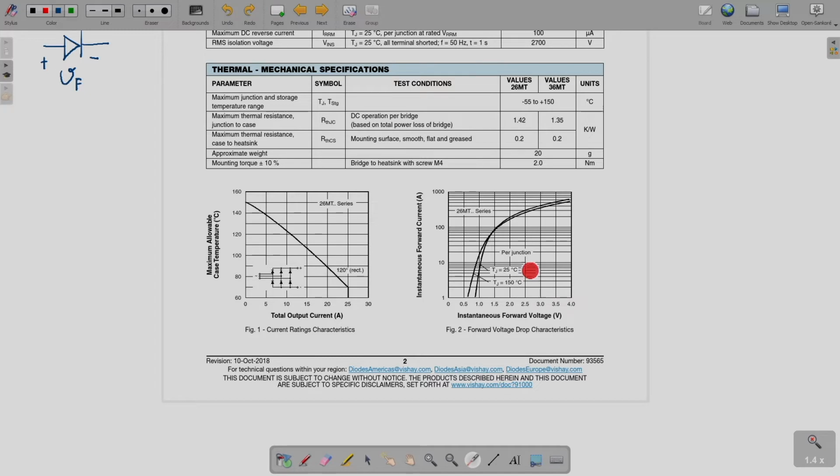So, for two temperatures they have provided, and as this current increases, how the forward voltage drop increases, that is provided. That is what this performance curve is showing.